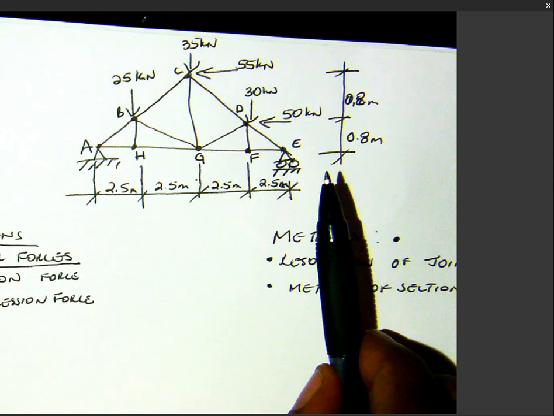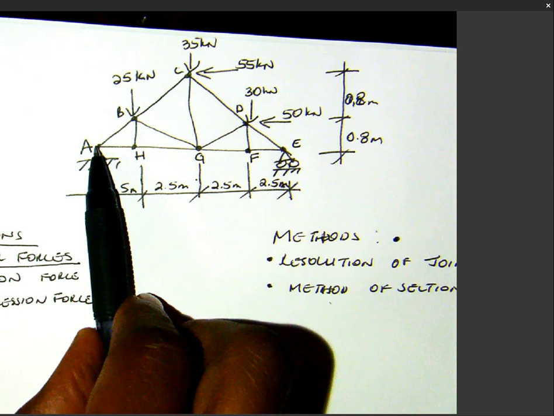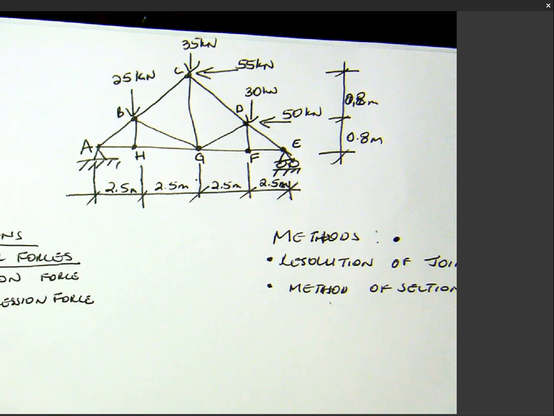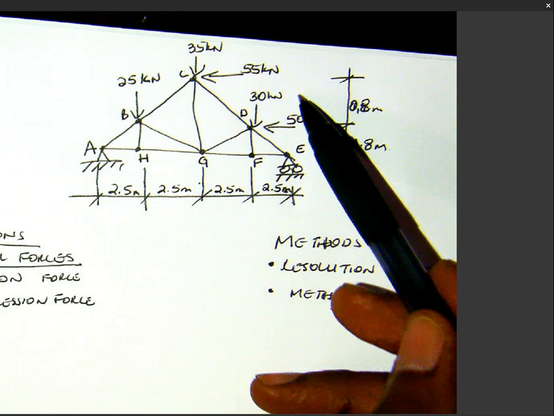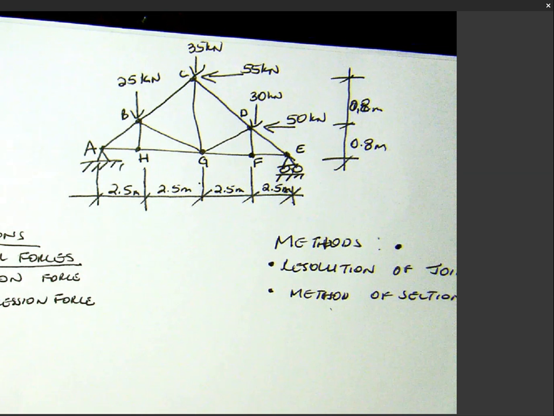Here we have a reaction in the vertical direction, and we have a reaction in the horizontal direction. So what is that telling us? It's telling us that these forces applied in the horizontal direction must be resisted somewhere. And where is that somewhere? It's there.